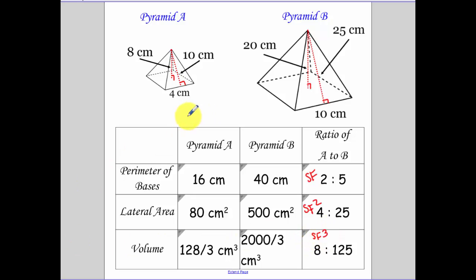So when we had two similar solids, notice how perimeter of the bases, a one-dimensional measure, is exactly the scale factor. A two-dimensional measure, when we're looking at area, is the square of the scale factor. When we're looking at three-dimensional volume, that is our scale factor cubed.